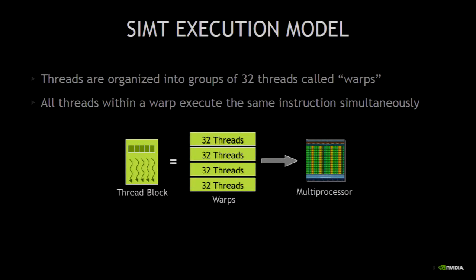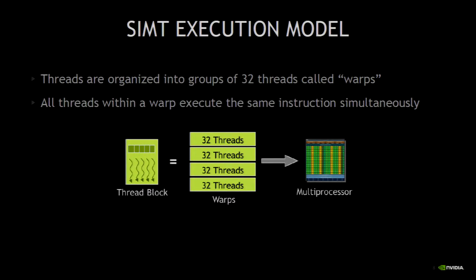Another key point in our architecture that you need to understand is warps. Threads are also organized into groups of 32, which we call warps. A warp is a single parallel execution unit, and all threads in a warp run simultaneously, at the same time. You can think of it like lockstep execution of warps.